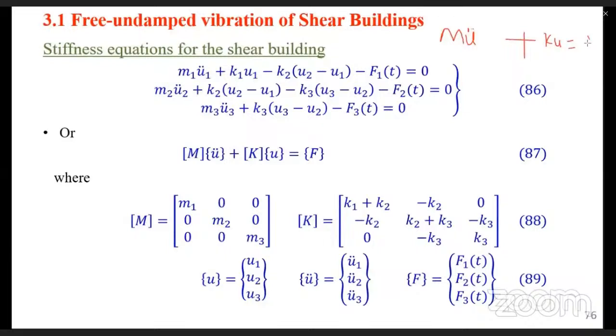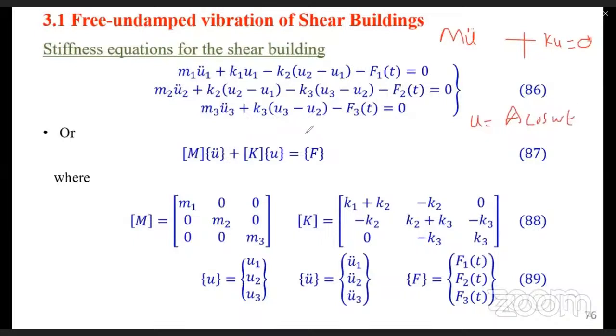And if you remember very well, when we were talking of this type of system, when there was no damping and this was free vibration, it simplified to a homogeneous linear second order differential equation. Whose typical solution, of course, you remember, is u equals A cos omega t.